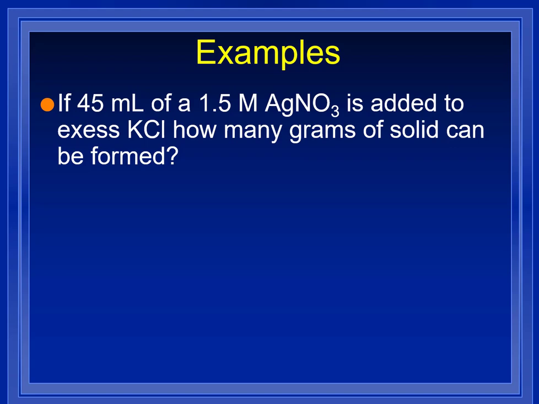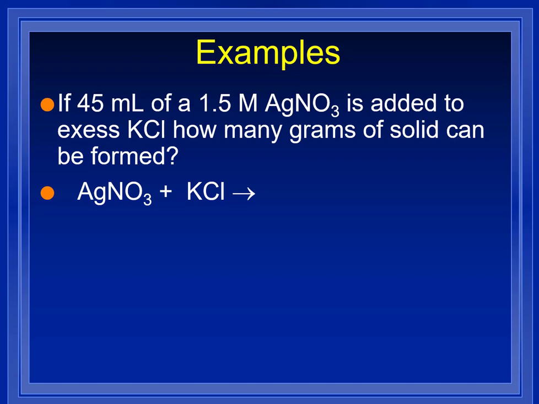Speaking of putting pieces together, there's a few pieces we have to put together here, like silver nitrate, potassium chloride, because I have to figure out what the solid's going to be. So I have to finish the equation first and then decide what on the other side won't dissolve in water. All these pieces fit together, folks.